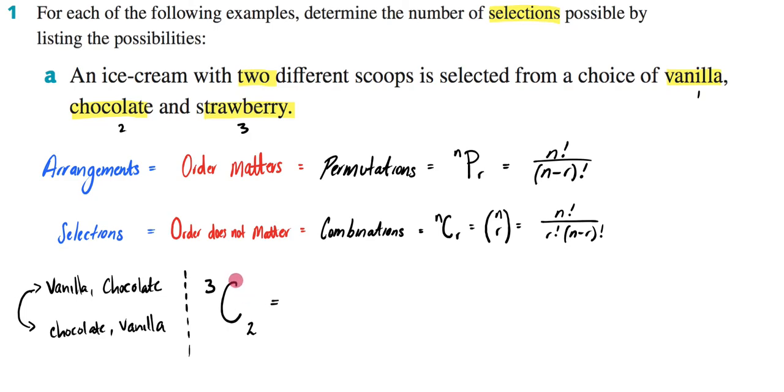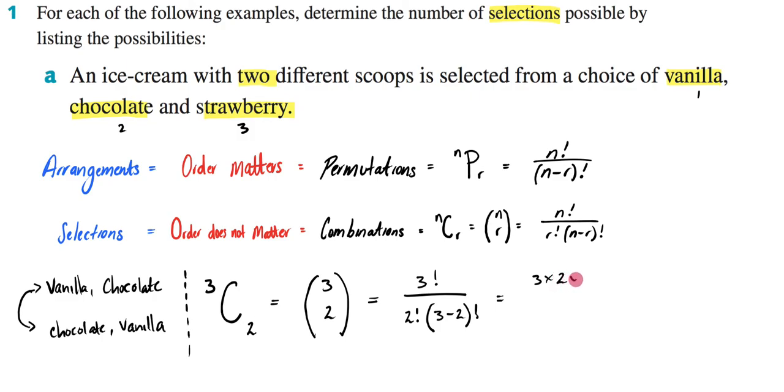Now you could also represent this in this way. You could write 3, 2, and we know that both of these equal this right here. So n factorial, 3 factorial, over r factorial, 2 factorial, then n minus r, so 3 minus 2 factorial. 3 factorial is 3 times 2 times 1, over 2 factorial, which is 2 times 1.